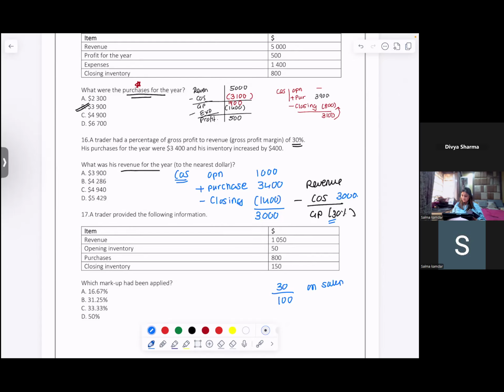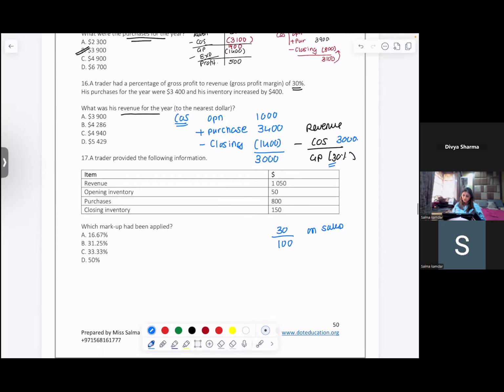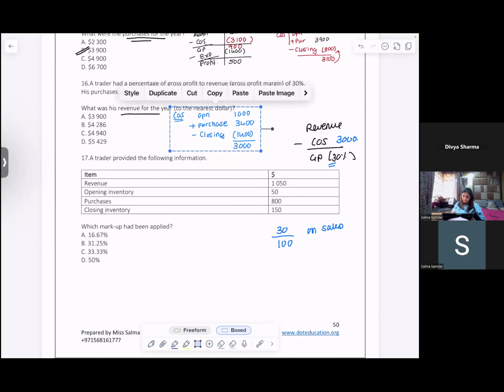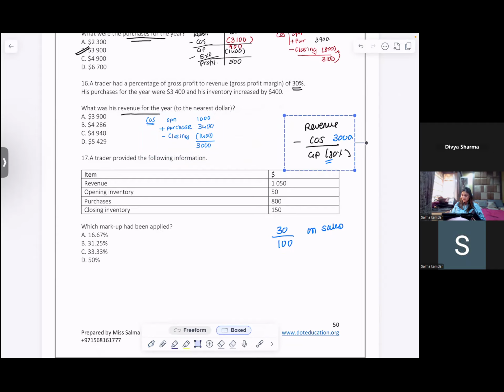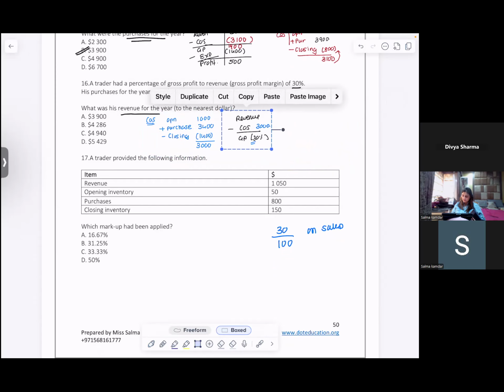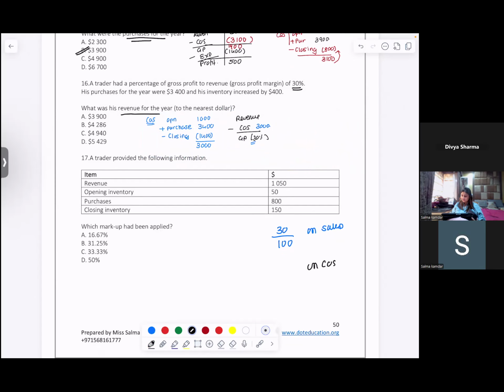If I want to go from on sales to on cost, what will I do? Margin to markup. Since I want to go from a higher number to a lower number, I'm going to minus the numerator from the denominator.